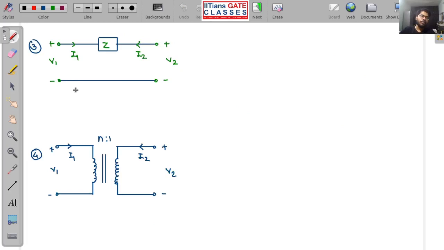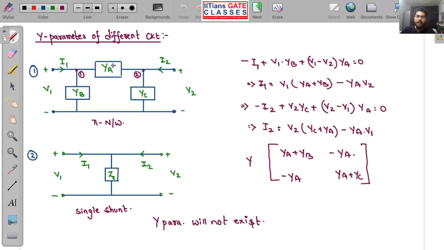Now similarly for a single series element, what is this? Look very carefully. This is my impedance. Previously in my pi network, this is valid only when these are written in the form of admittance.